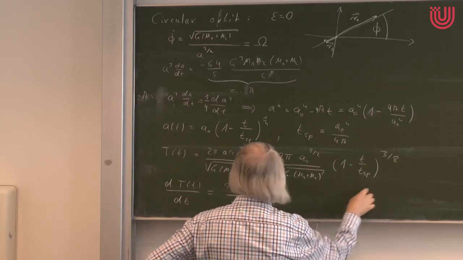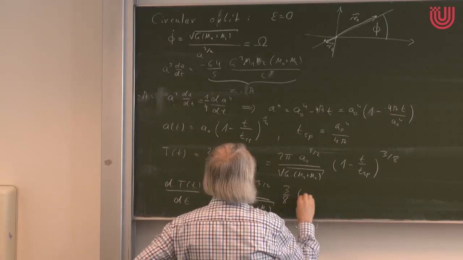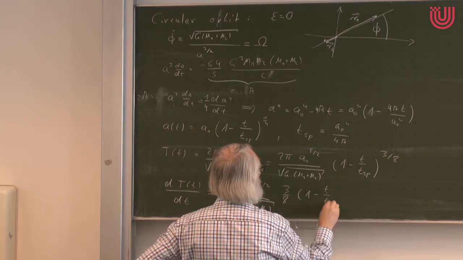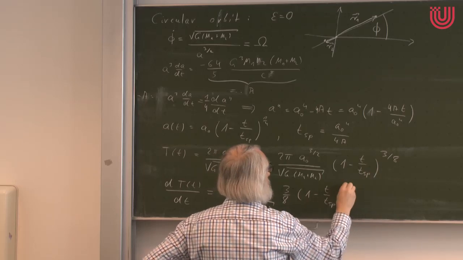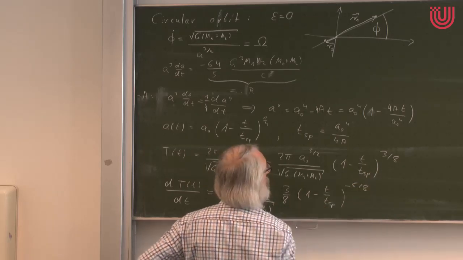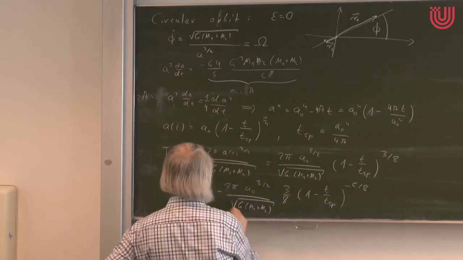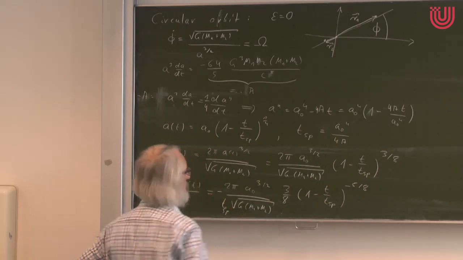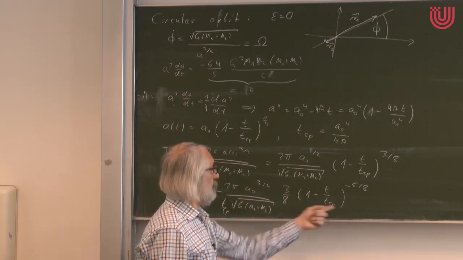If I differentiate this, I get a factor 3/8, 1 minus t over t_SP to the power 3 over 8 minus 8 over 8 is minus 5 over 8. And the internal derivative gives a minus 1 over t_SP. So in essence, this goes with this factor.